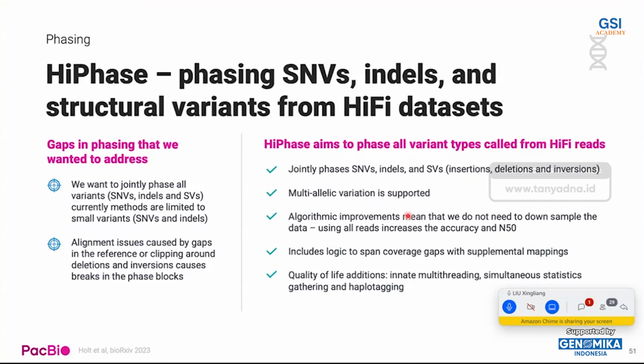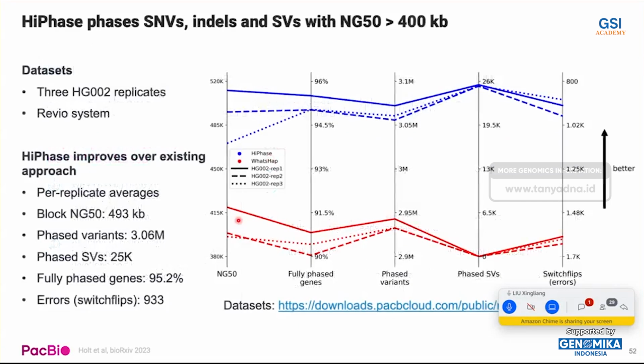So that's why we also developed a phasing tool called HiPhase. Compared to the existing tool like WhatsHap, there are a few advantages of this tool. The first is that it's not only phasing SNVs and indels, right? We want to fully utilize the large-scale or more complex variants we derive from HiFi sequencing. So this tool can phase not only SNVs and indels, but also SVs, the large-scale structural variants, okay?